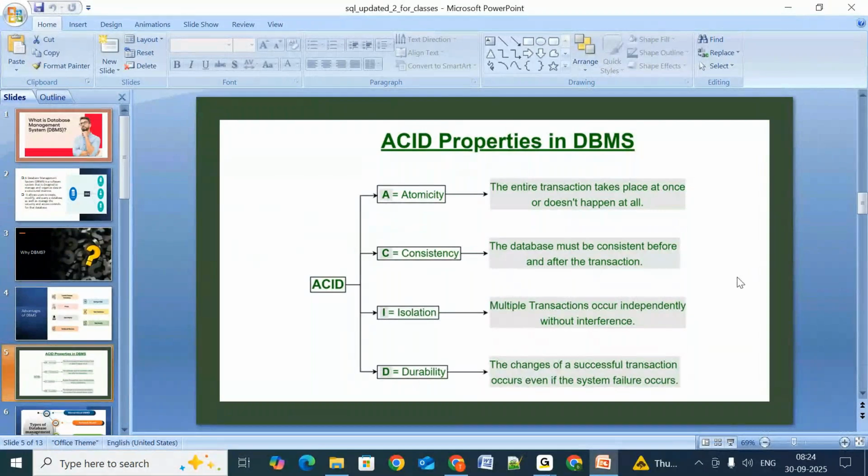Before going into these ACID properties technically, I just want to tell you a small story. How many of you have bank accounts? It's a universal example I've been giving for 12 batches.